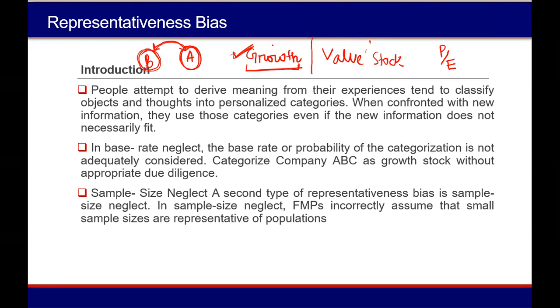The stocks which have a very high PE ratio will be included in the growth stock, and the stocks which have a very low PE ratio will be included in the value stock. Is it the way we classify growth stock and value stock?